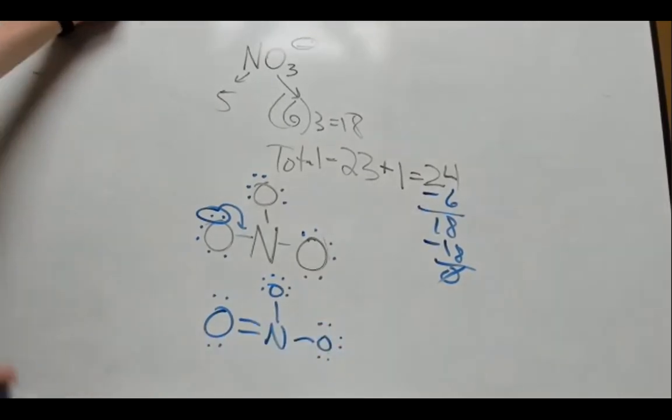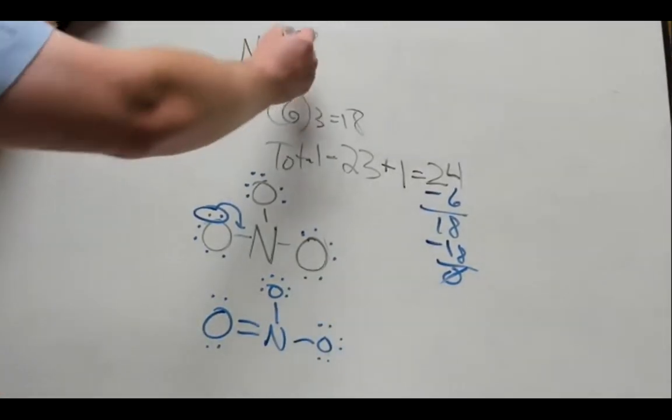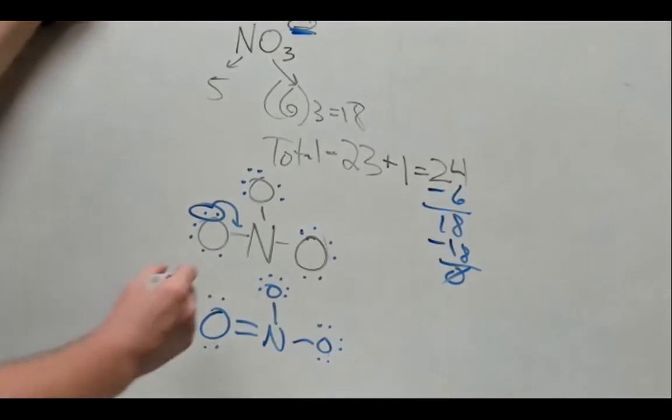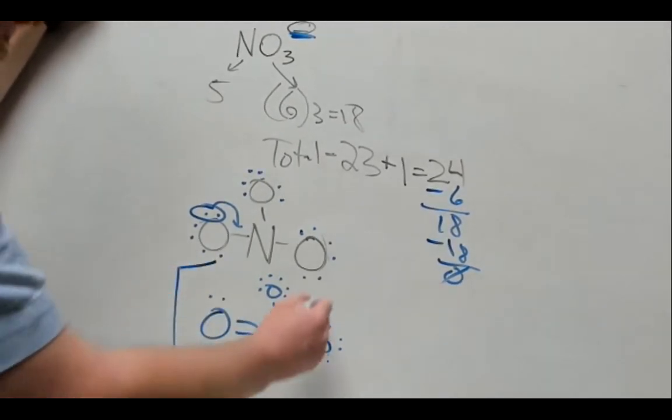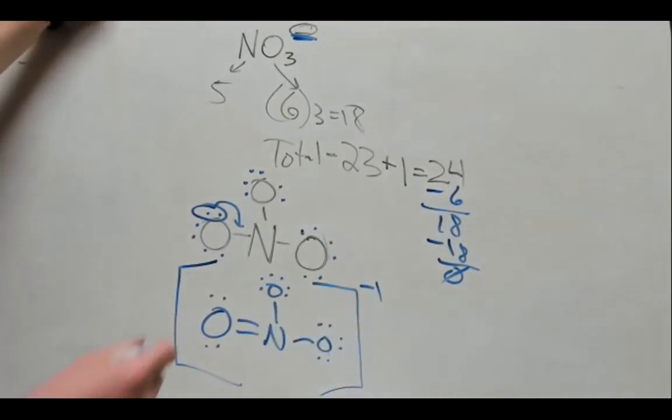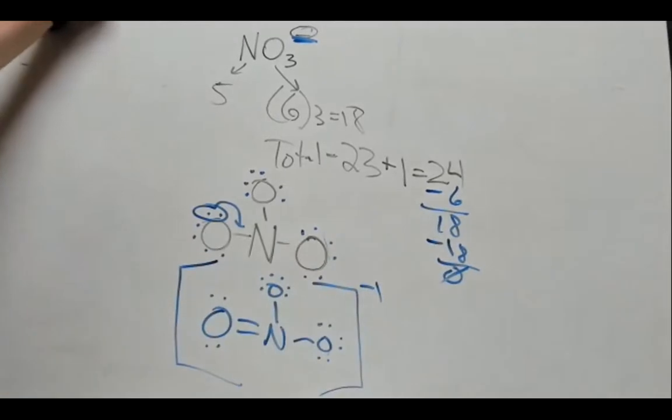It's very important when we talk about things that have a negative charge, polyatomic ions, that there are two ways to depict a polyatomic ion. This is the easiest one: this whole structure has a -1 charge.